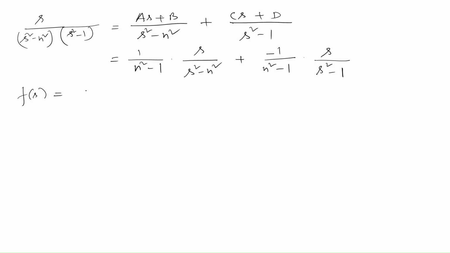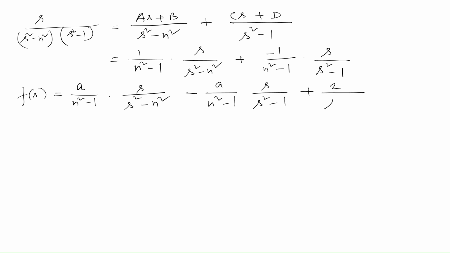Fs equals a by n square minus 1 times s by s square minus n square, minus a by n square minus 1 times s by s square minus 1, plus 2 by s square minus 1.